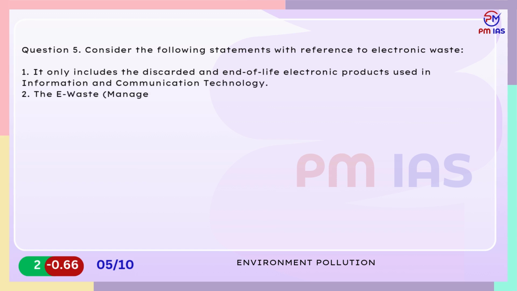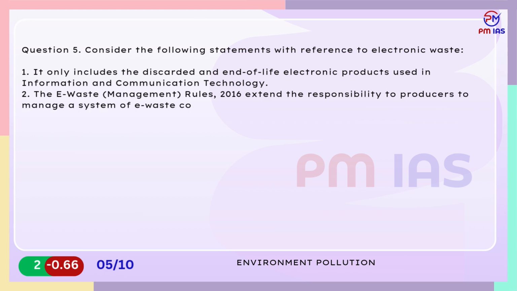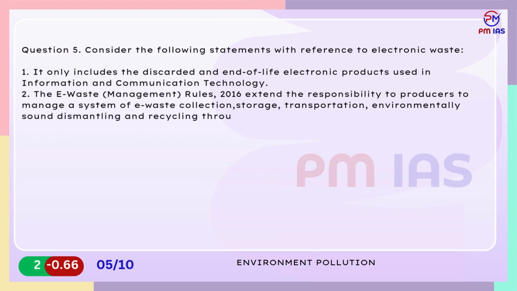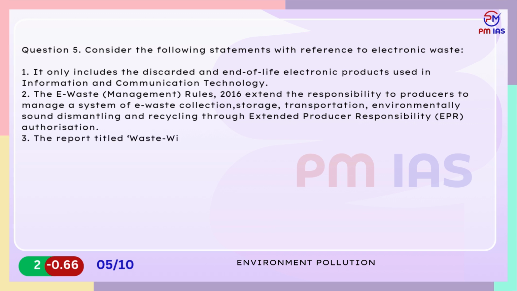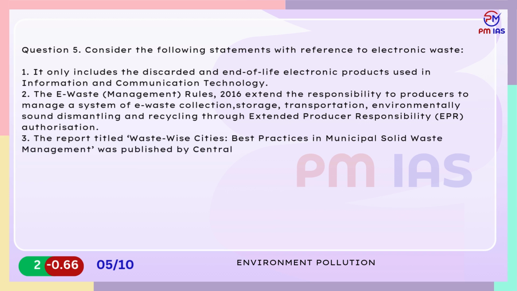The E-Waste Management Rules 2016 extend the responsibility to producers to manage a system of e-waste collection, storage, transportation, environmentally sound dismantling and recycling through extended producer responsibility, EPR, authorization. 3. The report titled Waste-Wise Cities, Best Practices in Municipal Solid Waste Management was published by Central Pollution Control Board and Center for Science and Environment. Which of the statements given above are incorrect?